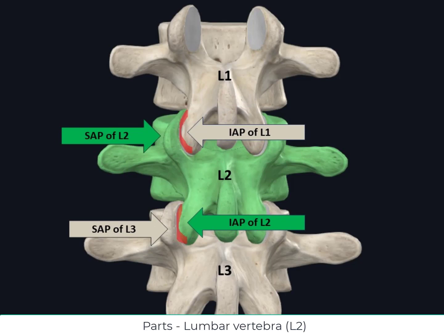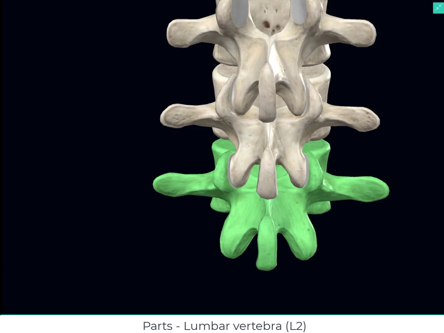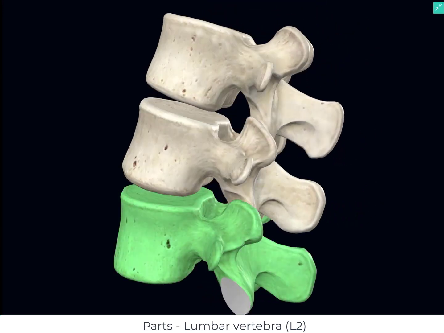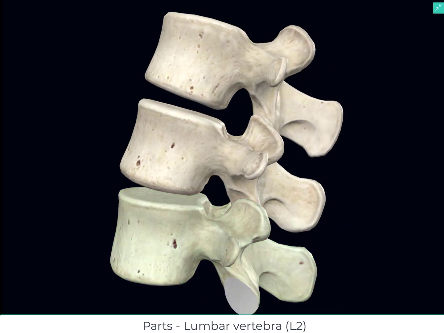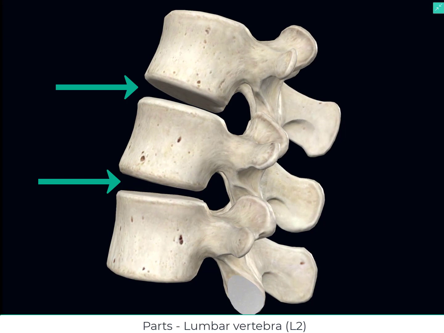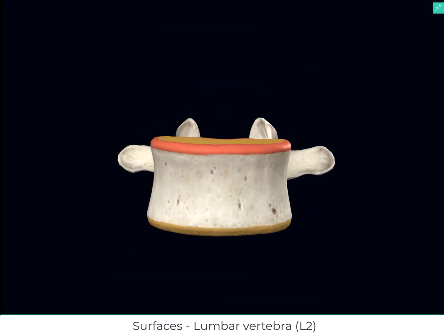And also, the second lumbar vertebra has two inferior processes that communicate with the superior articular processes of the third lumbar vertebra. And this is how the vertebral column fixes itself so the vertebrae do not move. Please don't mind right now these spaces between the vertebral bodies, which are occupied by vertebral discs, which I will teach you in later videos. We are done with the parts.